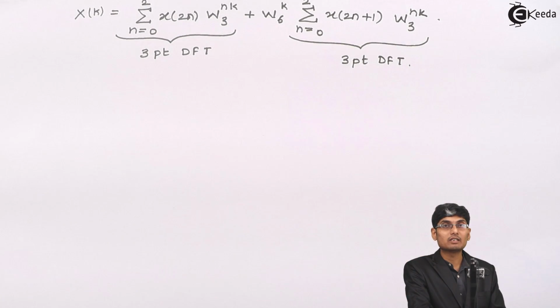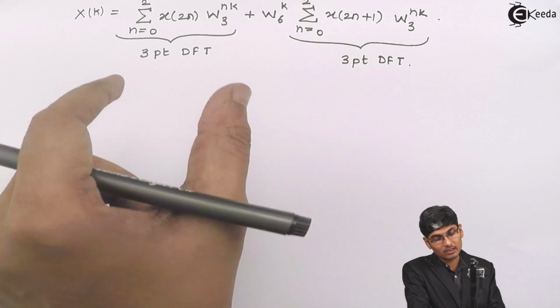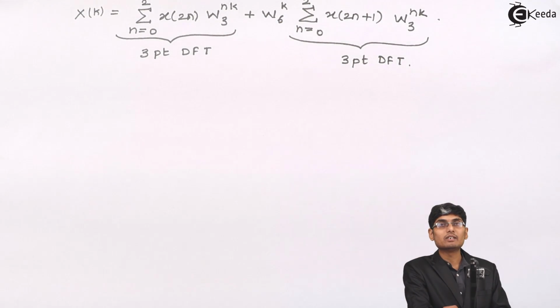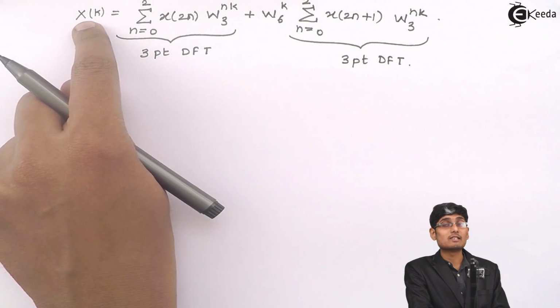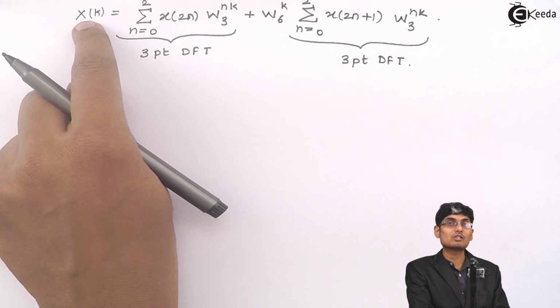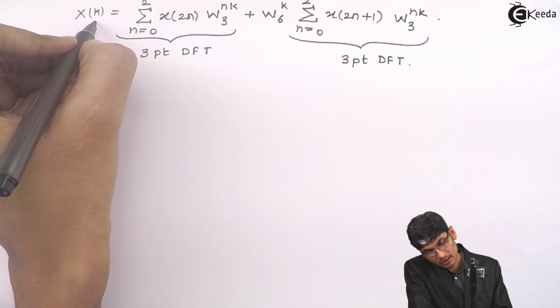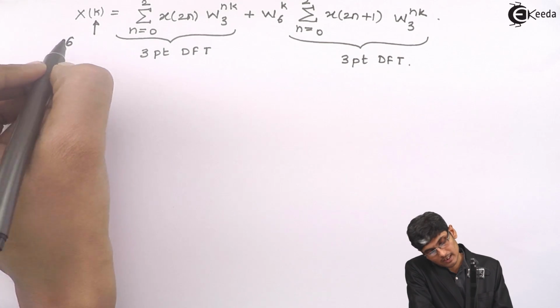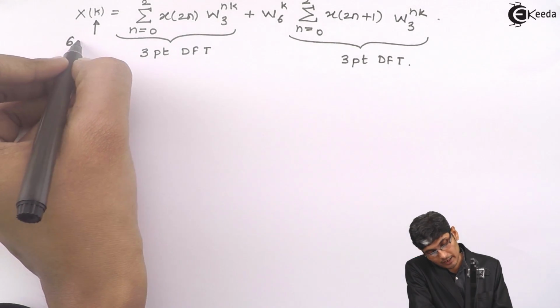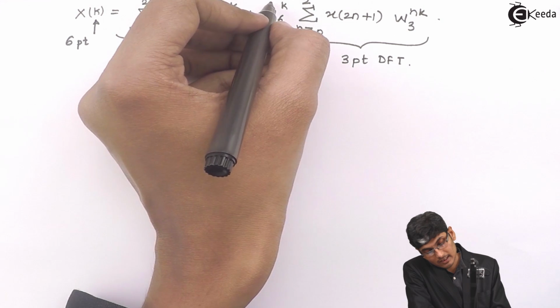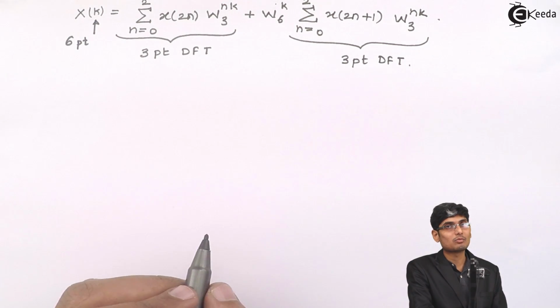Here also n will take the value 0, 1, 2. So the periodicity of these two DFTs is 3. Whereas this k has the periodicity of 6 because we started with a 6-point DFT. So your DFT will have the periodicity as 6. This is 6 point, so this k also has to be 6 point.